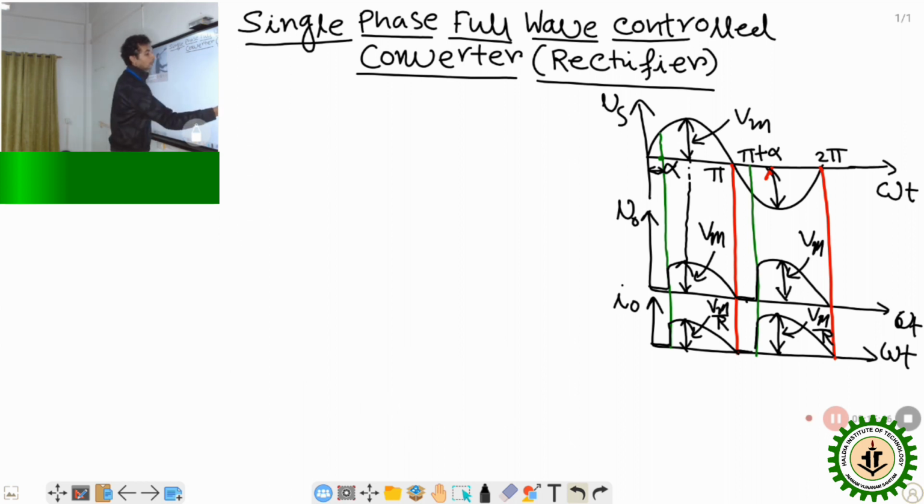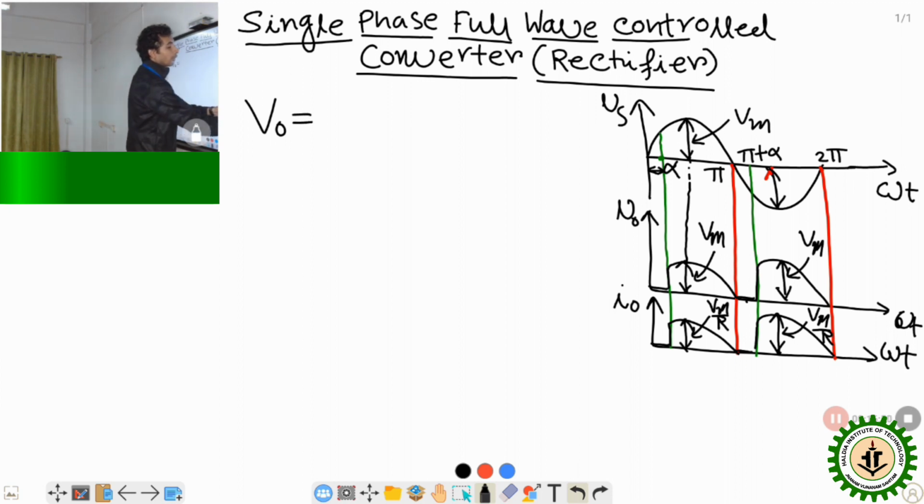So if we want to derive the output voltage, as we can see, after pi, the waveform is repeating itself. We are going to derive the average output voltage V0. So from the waveform of V0, we can see that after pi, the waveform is repeating itself. So the period is pi.